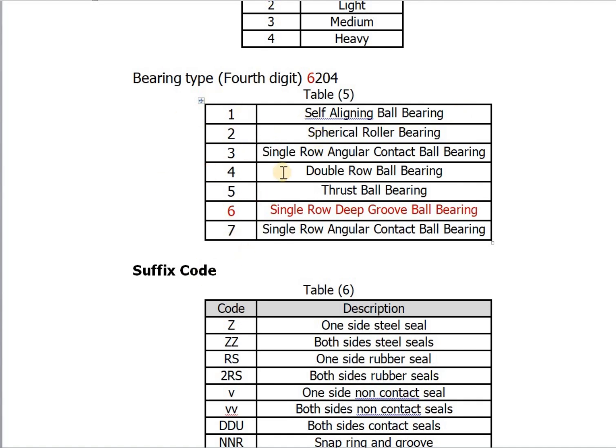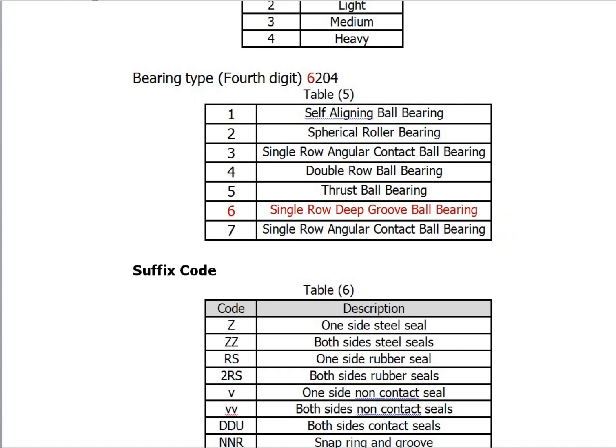It indicates the type of the bearing. 2, spherical roller bearing. 3, single row angular contact ball bearing. 4, double row ball bearing. 5, thrust ball bearing. 6, single row deep groove ball bearing, and that we have in our example. 7, single row angular contact ball bearing.